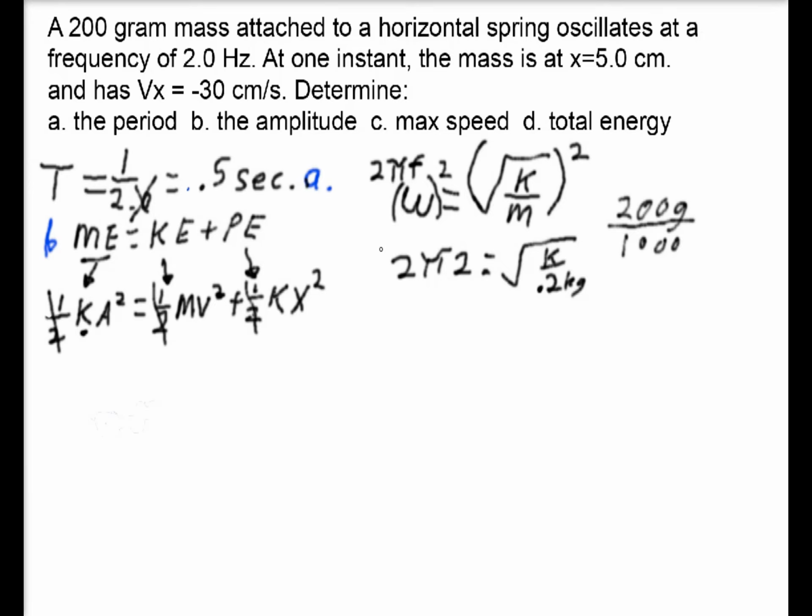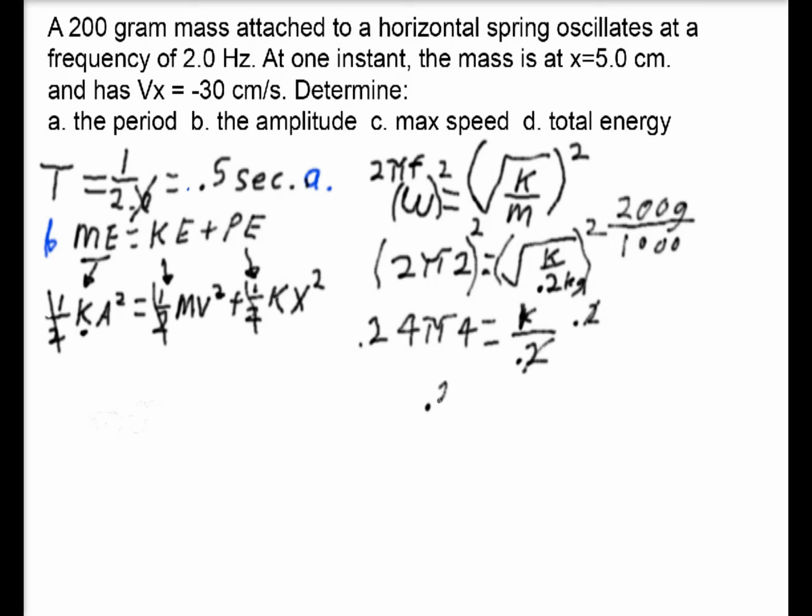Squaring both sides gets rid of the square root. So now we have 4 pi squared times 4 equals k over 0.2. Let's multiply both sides by 0.2 to get rid of the denominator.